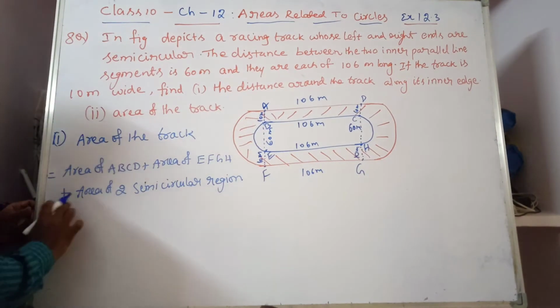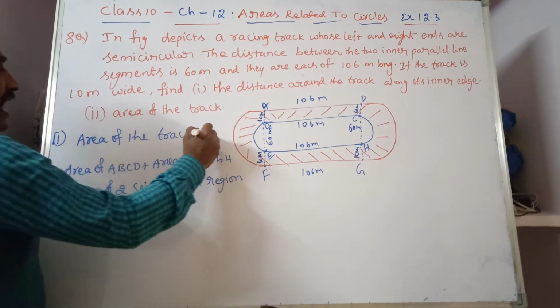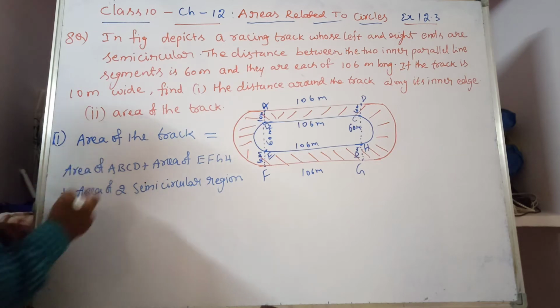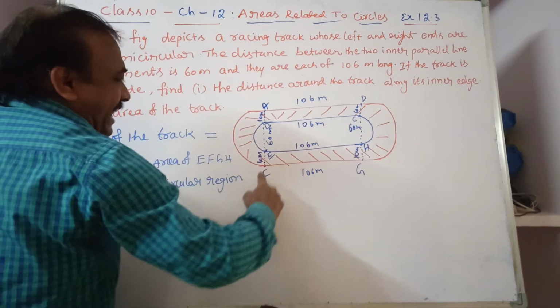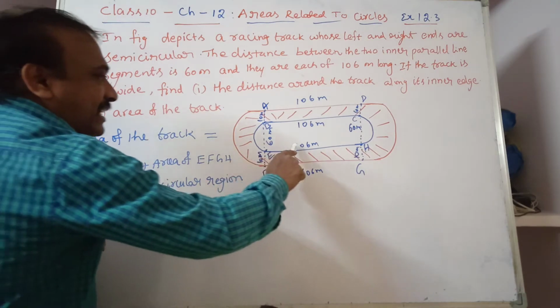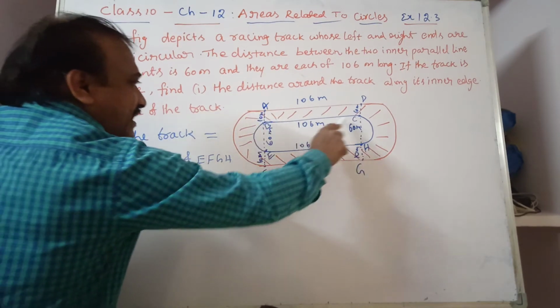All together will give you the area of the track. As we know, for ABCD and EFGH, this is the breadth and this is the length.